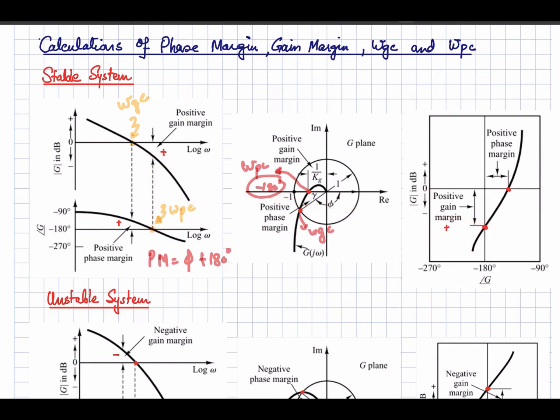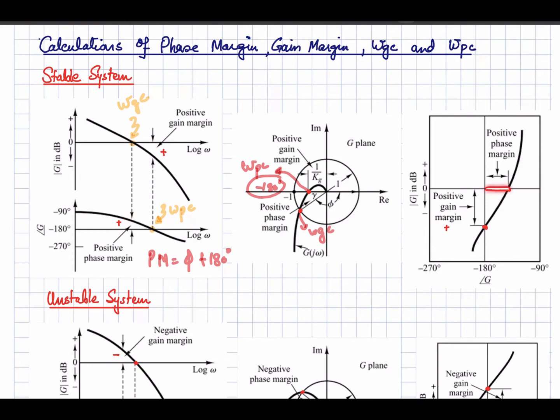And similarly, if you look at the phase margin, when you have the 0 dB point, that is this one, so that is corresponding to this line over here. So at the 0 dB line your phase for a stable system, phase margin is positive.